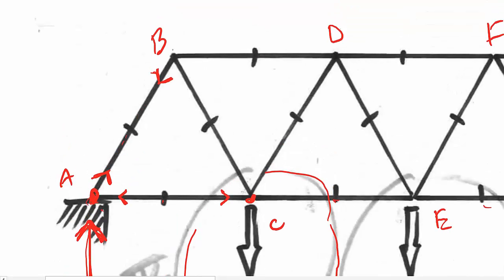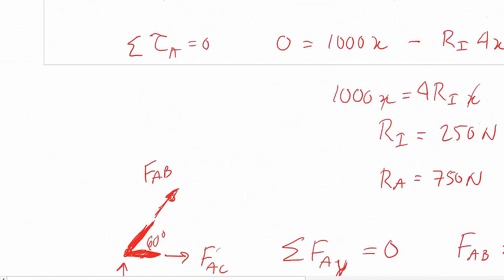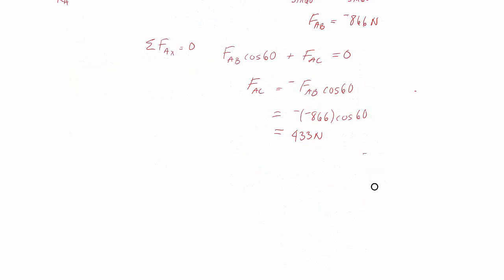So the next one we could do would be joint B. I'll draw joint B. So this is FBA, FBC, and this would be FBD. Draw that like this.